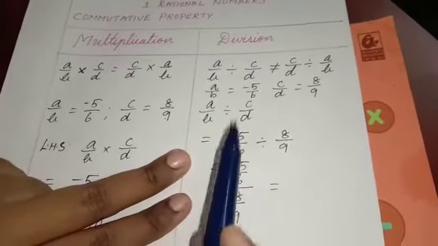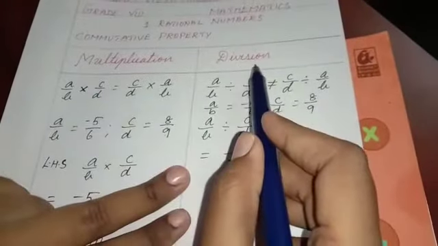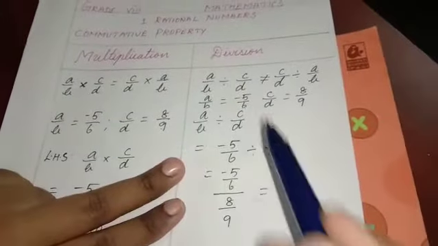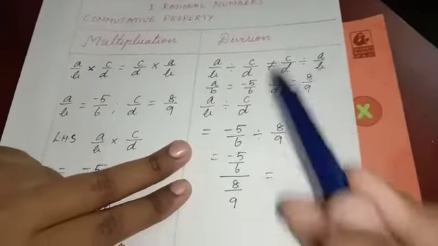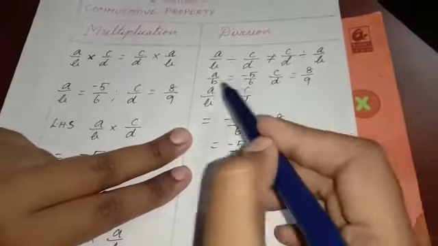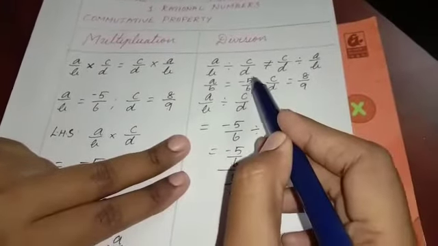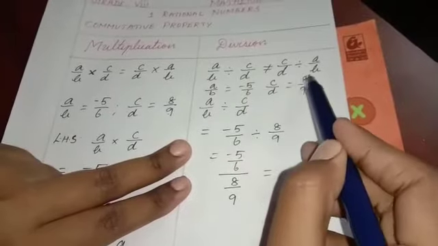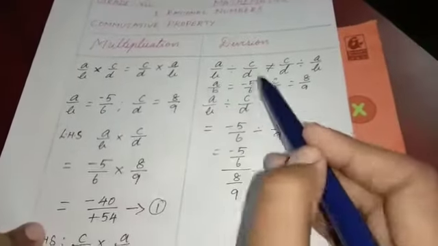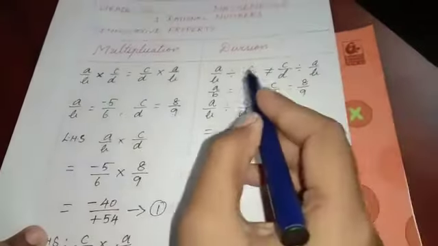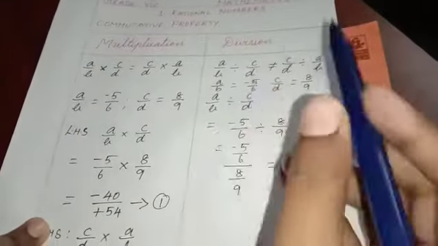See, this commutative property is not true for division. That means we have to prove this LHS is not equal to RHS. So I have taken two rational numbers, a by b as minus 5 by 6 and c by d equal to 8 by 9. The same numbers I have taken to prove it is not equal.